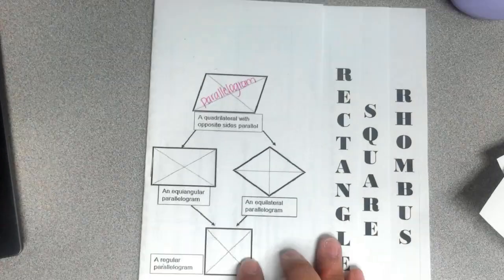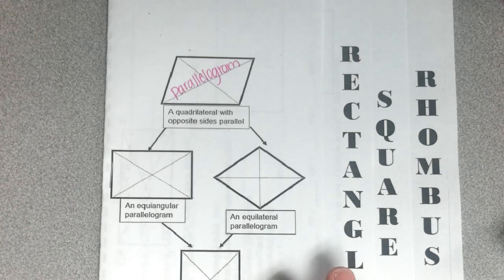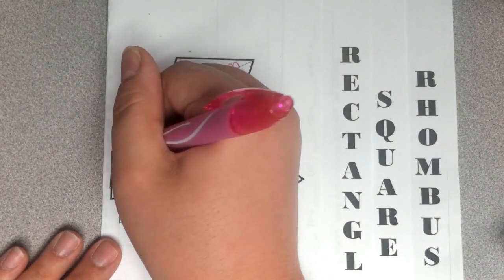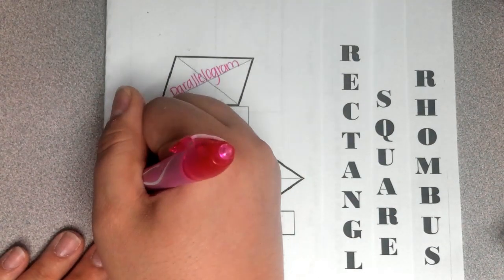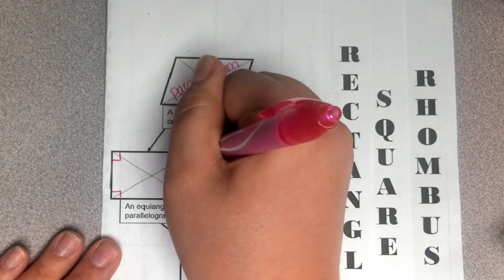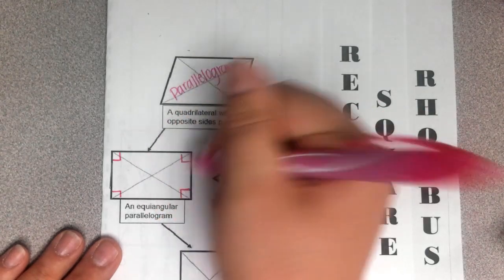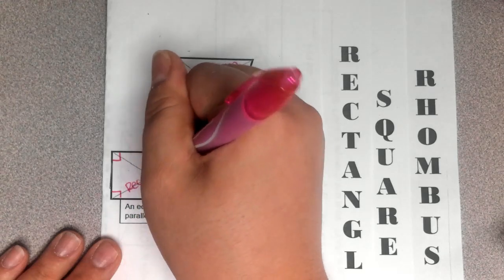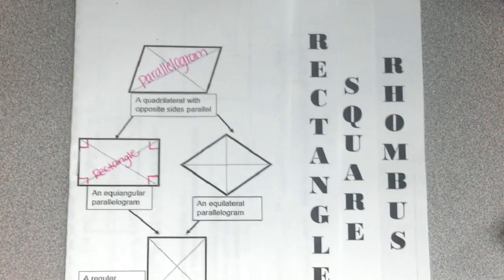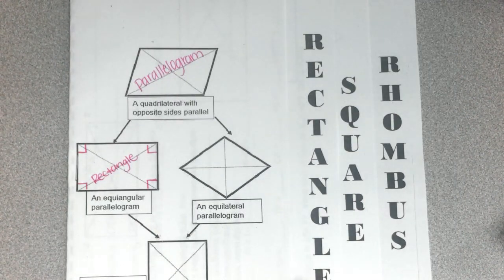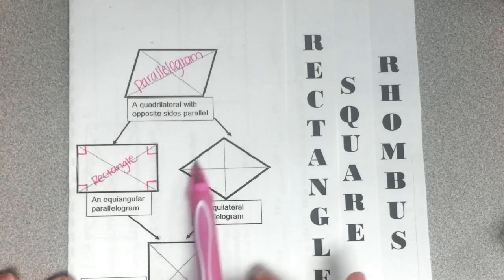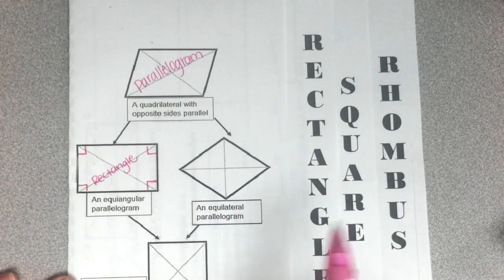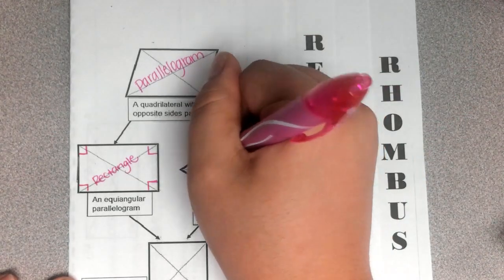All right. What about an equal angular parallelogram where all the angles are equal? A rectangle. Can y'all please draw these 90-degree equal angles? And what we did today is an equilateral parallelogram where all the sides are equal.